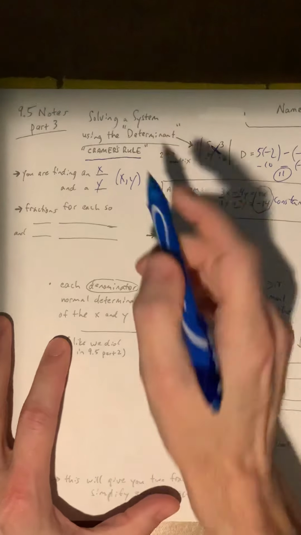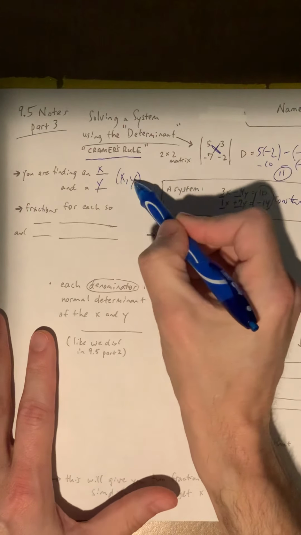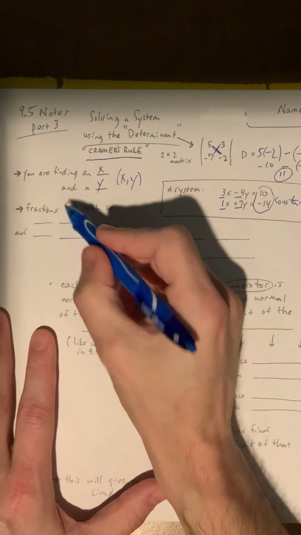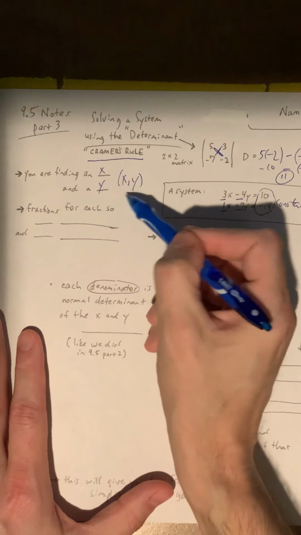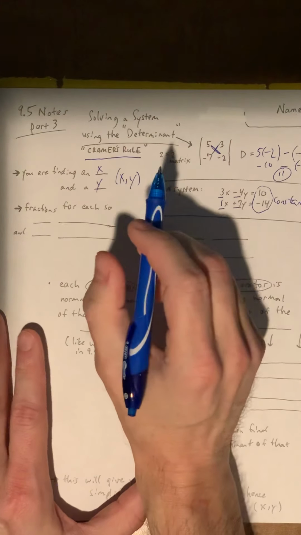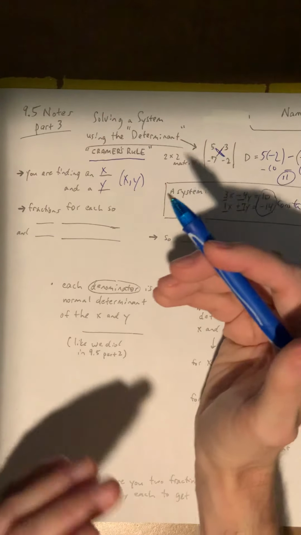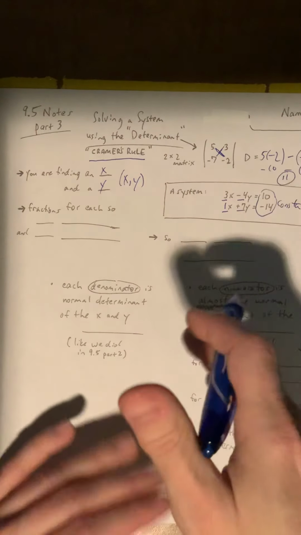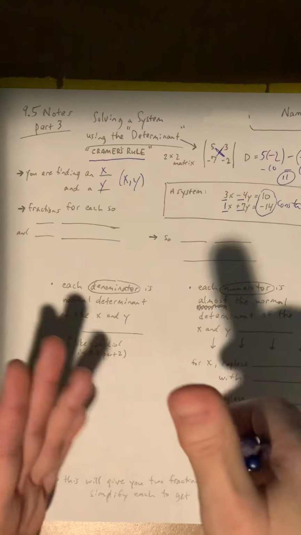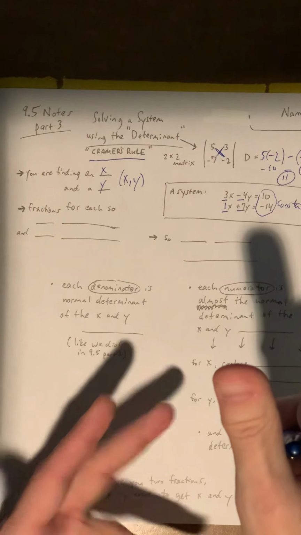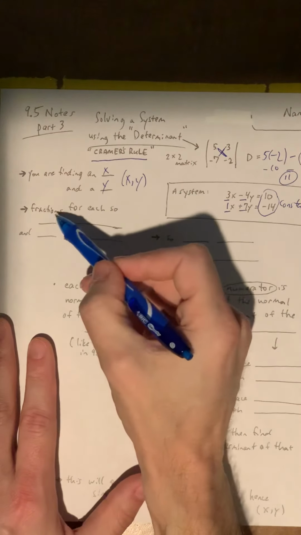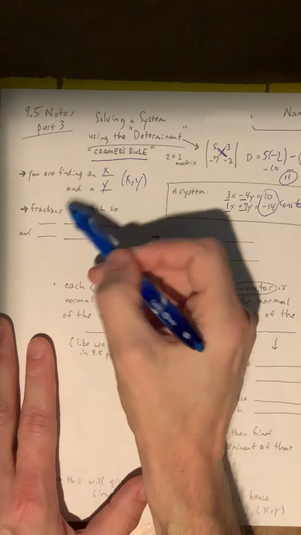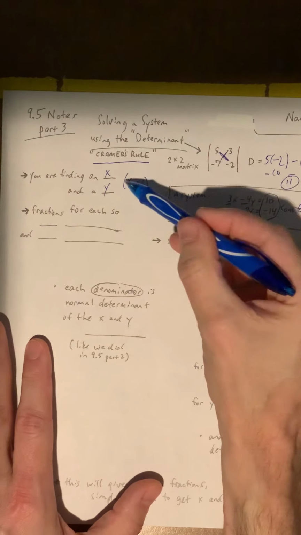Now, when you're solving for the number for x and the number for y, you first start out making fractions for them, and sometimes the fractions simplify to whole numbers or integers. You might get fractions for your answer every once in a while, but most of the ones I give you, you're going to get positive and negative whole numbers. But you're going to form fractions to begin with. And remember, you have 2 numbers.